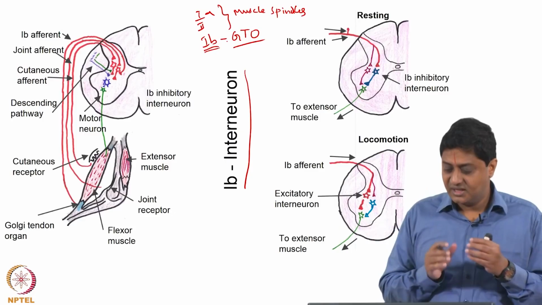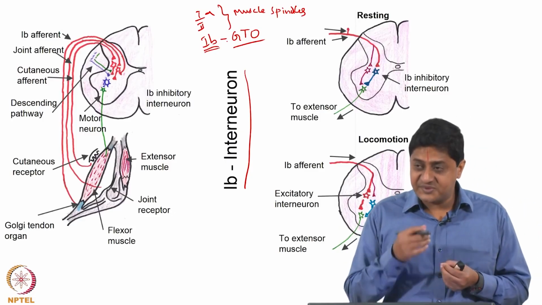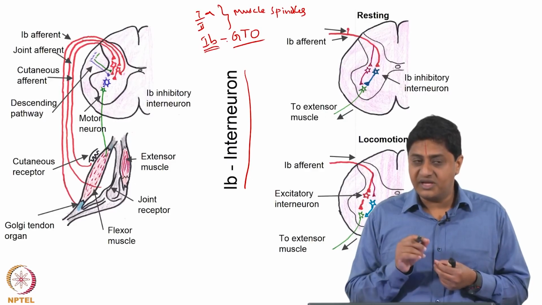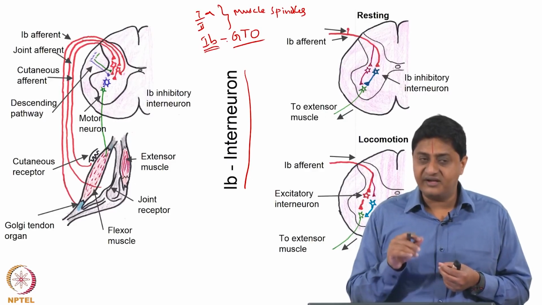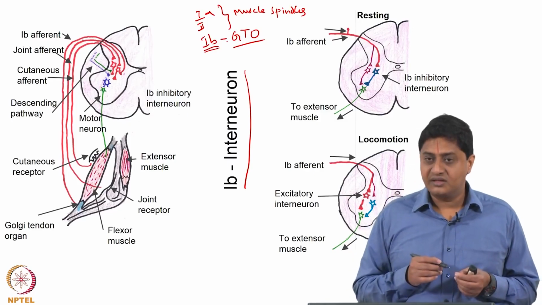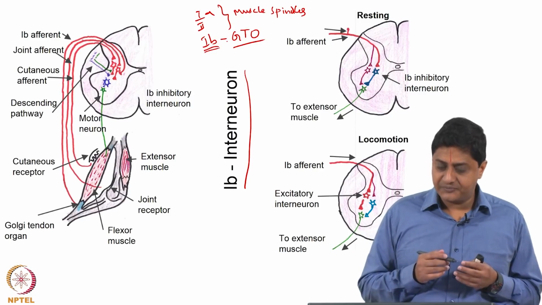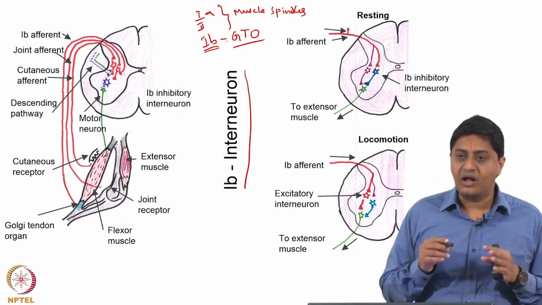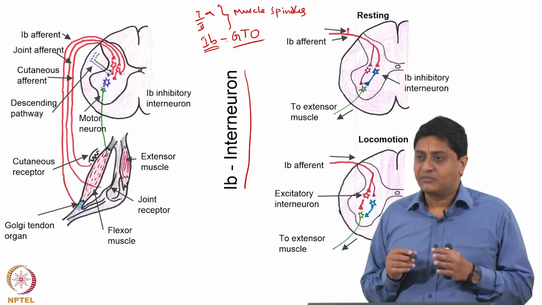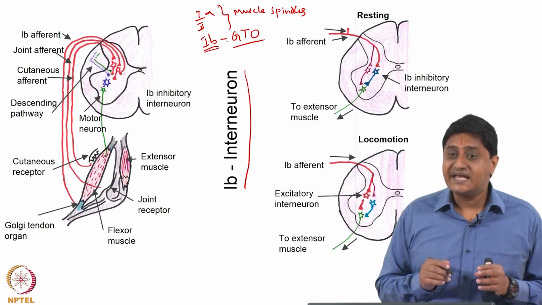Let us consider a single muscle, say the biceps. If the biceps is contracting, its 1B afferent will find a way to inhibit the alpha motor neurons that contract the biceps, but let us remember that all proprioceptors by definition are excitatory, they always excite.